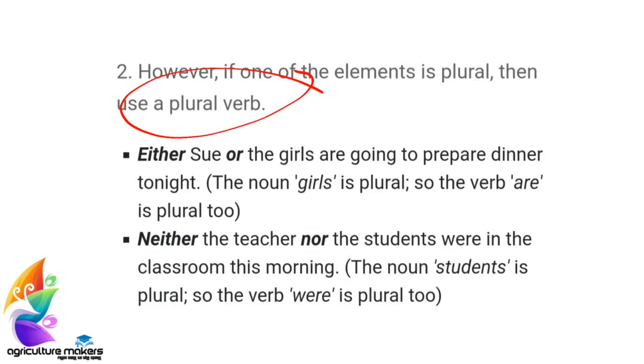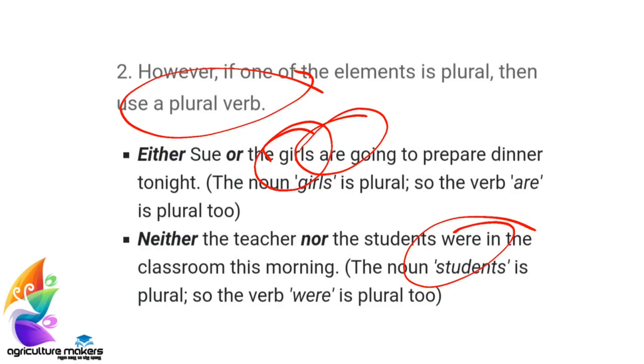Yes, either Sue or the girls are going to prepare the dinner. As it is girls here, we have to use plural. Yes, neither the teacher nor the students were. You have to remember this, and there is another most important twist too. You have to keep that in mind too.